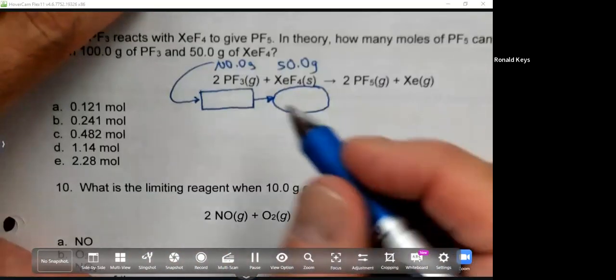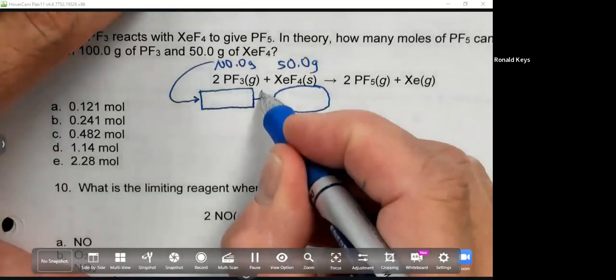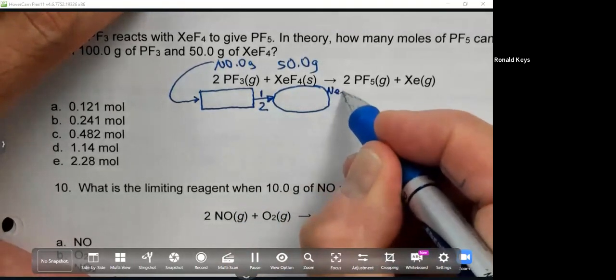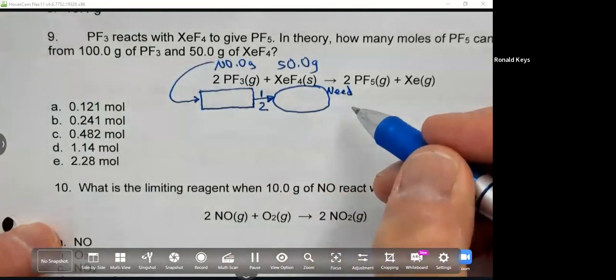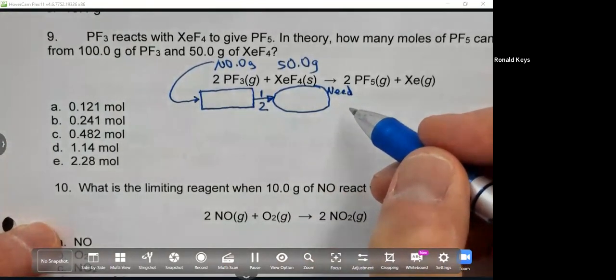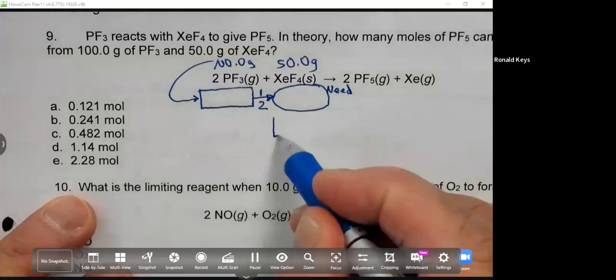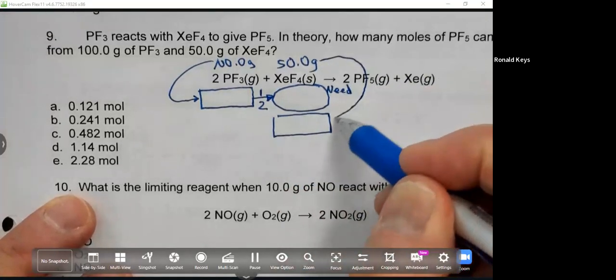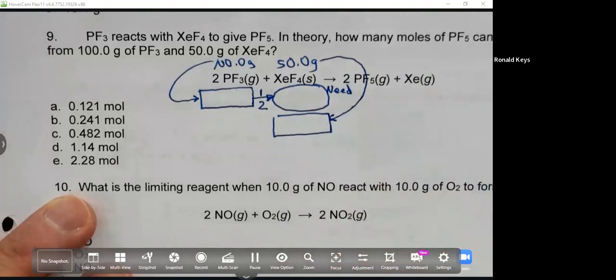Then our mole factor fraction is 1/2. That's how many moles we need. And you're going to figure out how many moles you have by taking the 50 grams to moles.